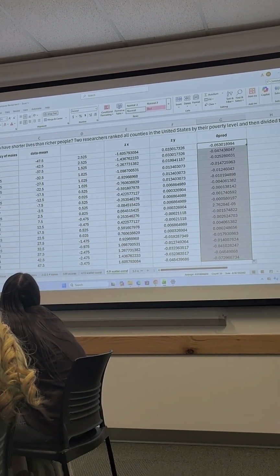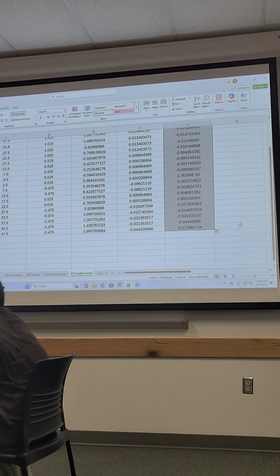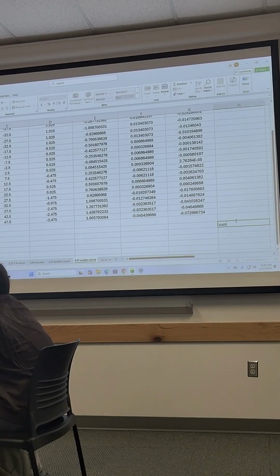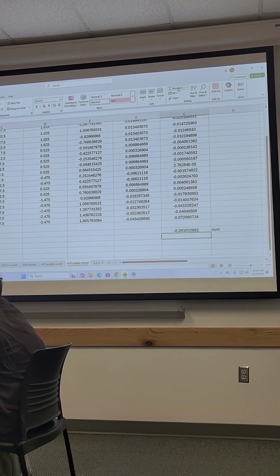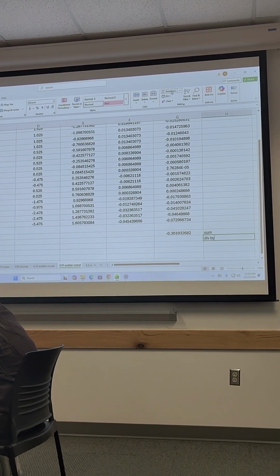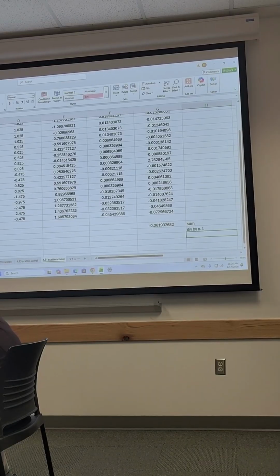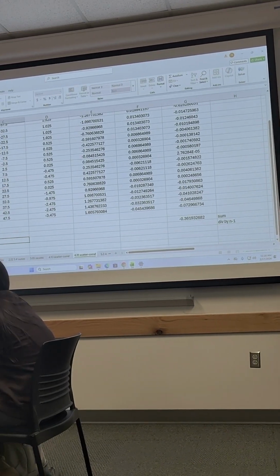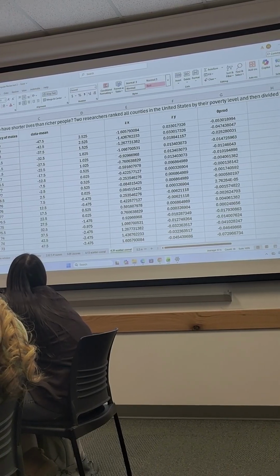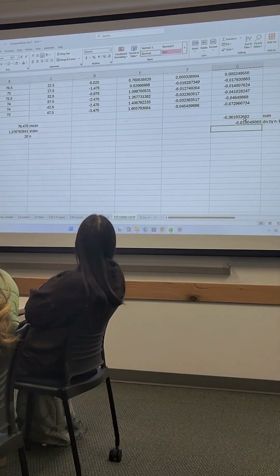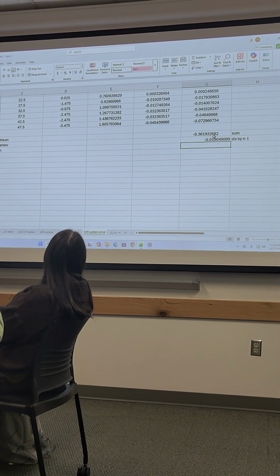What does this mean? So I'm going to find the sum of this column. And I'm going to divide by n minus 1. What's my n? Wait a second. Something's wrong.